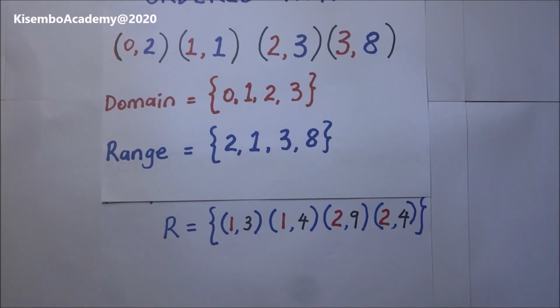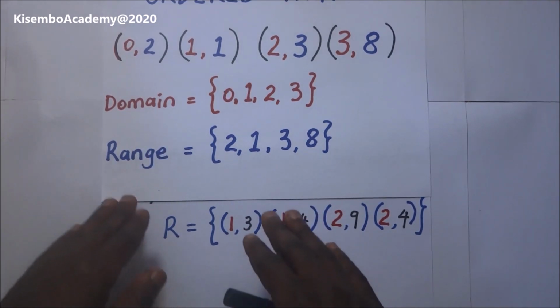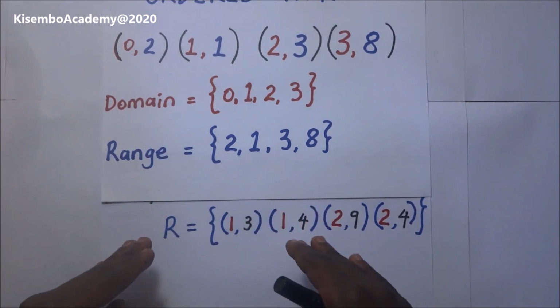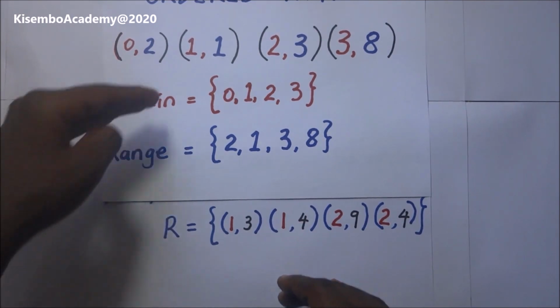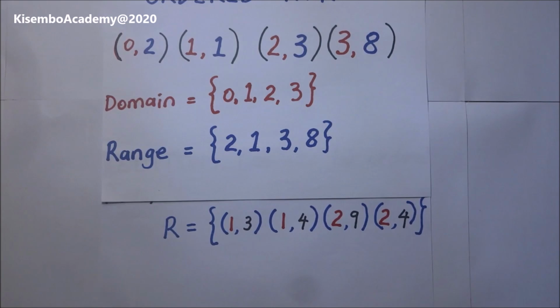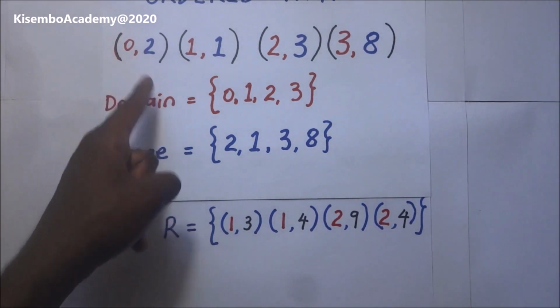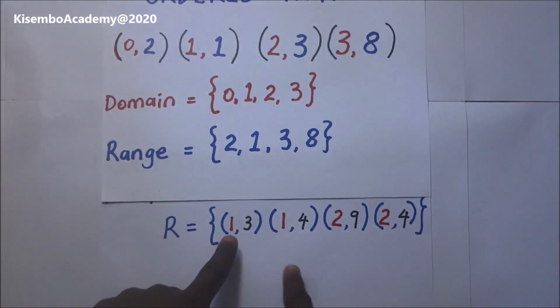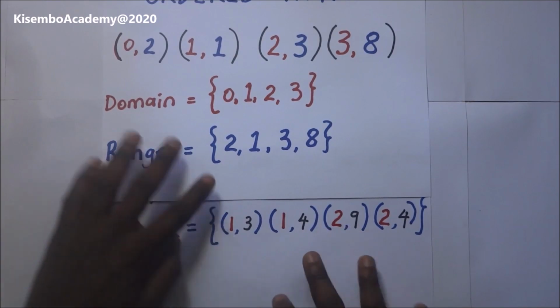And just like a function, a relation tells us what to do with some sort of input so that we get a specific kind of output. The difference between a relation and a function is that a function has this rule that one input gives us one specific output, yet when it comes to a relation, one input can give us more than one output, like we've seen here.